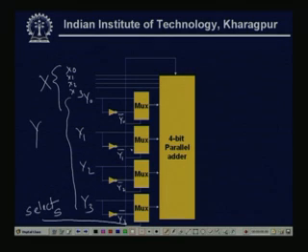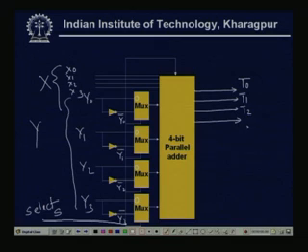Now, if S is 0, then the uncomplemented values of y, y0, y1, y2, y3 are selected, and these are generating the 4 output bits, T0, T1, T2 and T3.